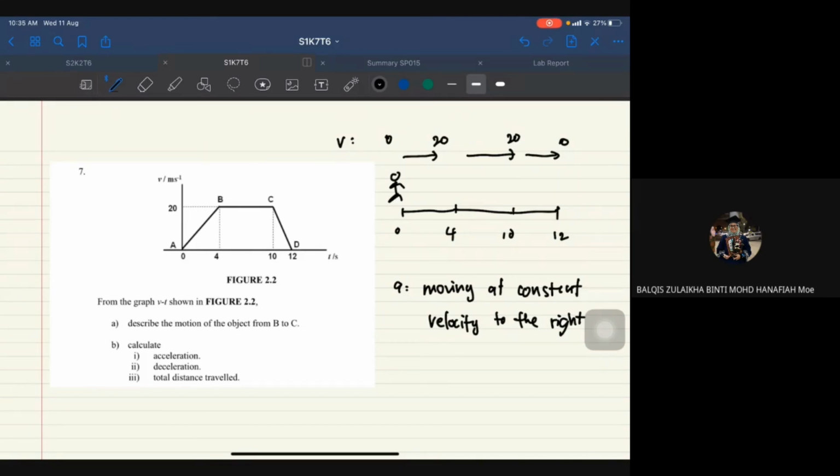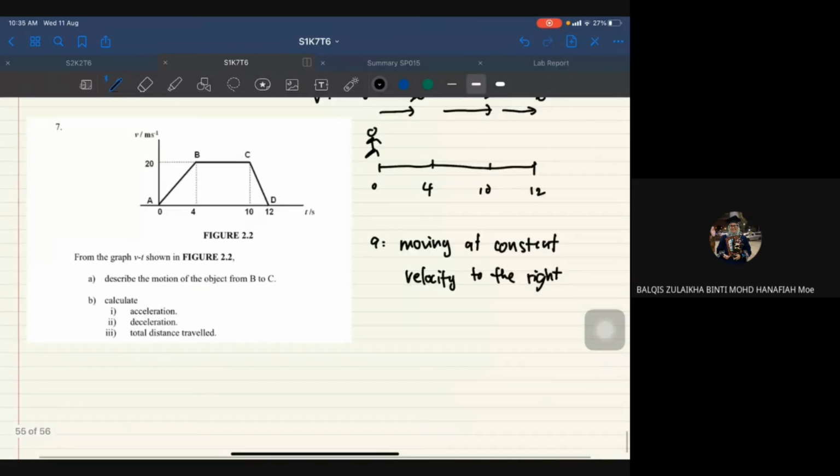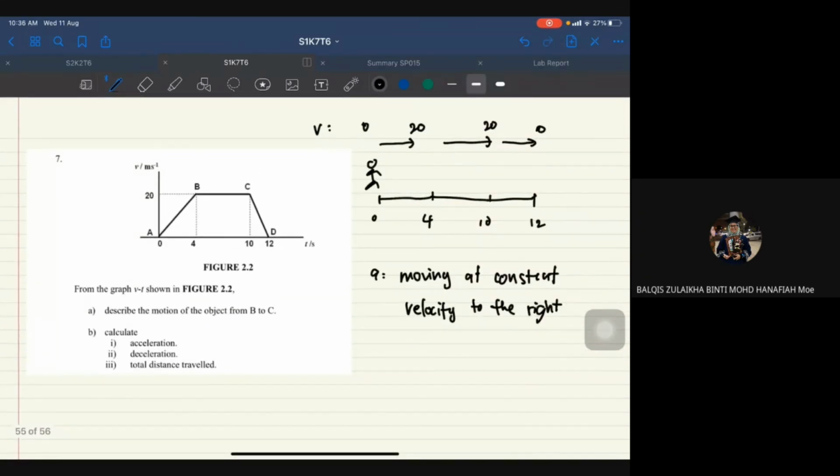Dia sebenarnya constant velocity, zero acceleration. Okay, boleh? Any question? No question. Faham. Aina okay? Okay, sir. Faham. Alright.